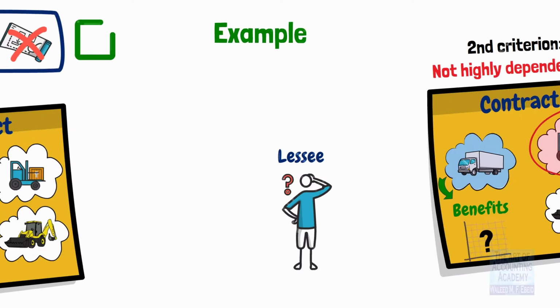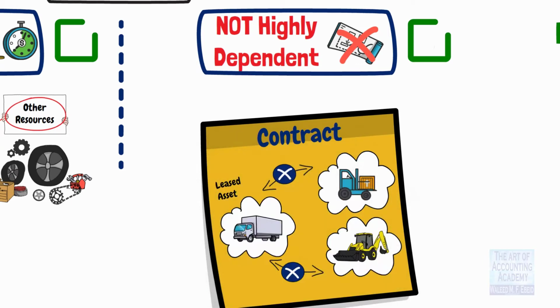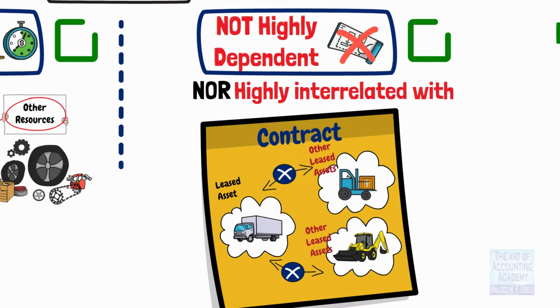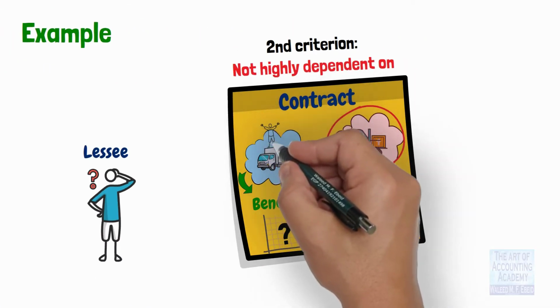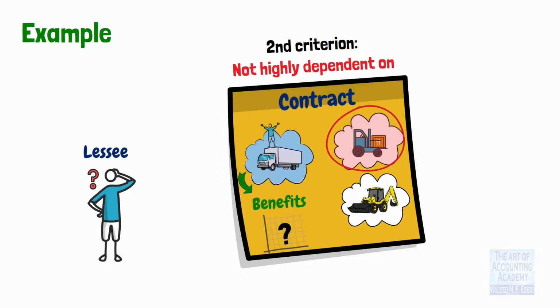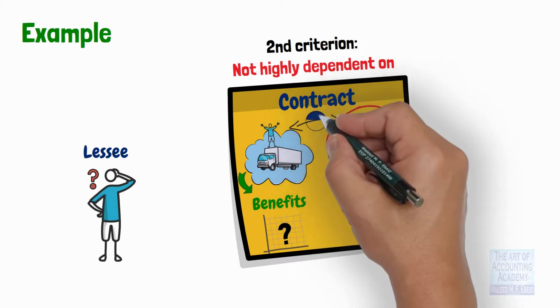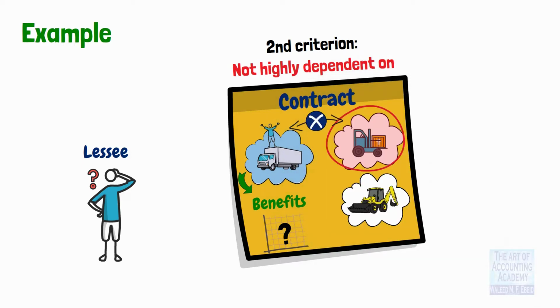The second criterion states that the leased asset should be neither highly dependent on, nor highly interrelated with the other assets in the contract. In our example, the lessee can still use the leased vehicle despite the existence of the forklift. The leased vehicle is neither highly dependent on, nor highly interrelated with the leased forklift.